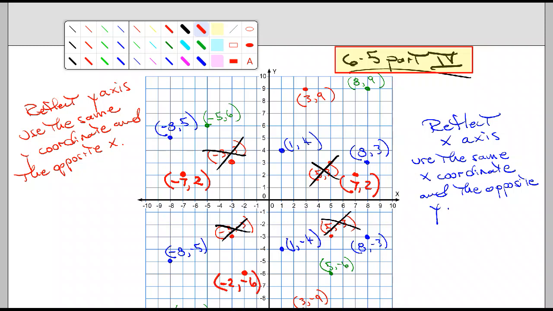Okay, so reflect the y-axis, use the same y coordinate, so it is -6, and then what's the opposite of the x? 2. So it's 2, comma, -6. All right? You guys see that?